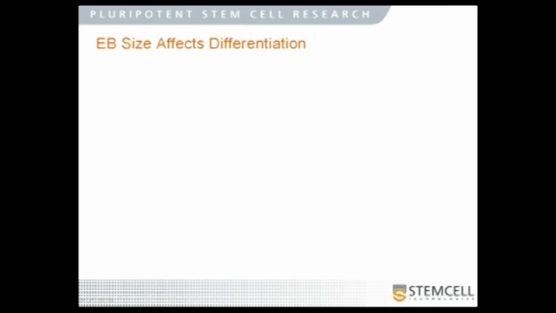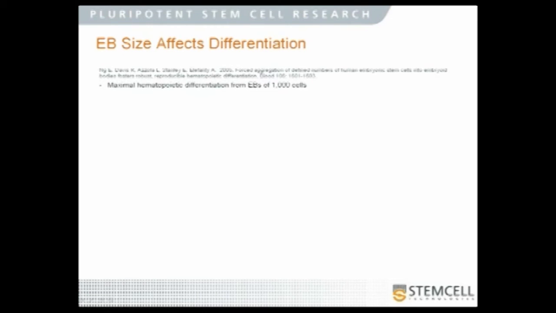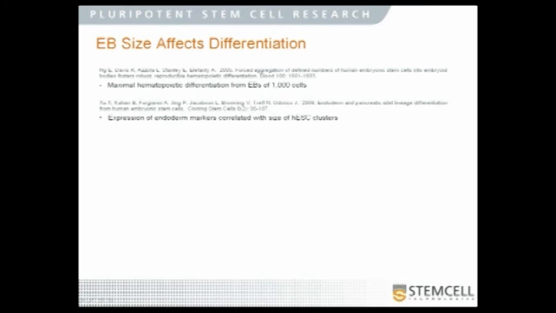There are several papers out there in the literature about the effects of ES cell cluster size on differentiation. The Ng et al. paper from the Elefanti lab in 2005, which was the first use of forced aggregation in human ES cells, also looked at the effects of EB size on hematopoietic differentiation. There's a publication looking at effects of ES cell cluster size on endoderm marker expression.